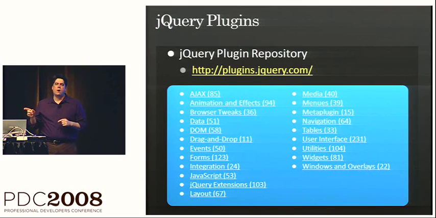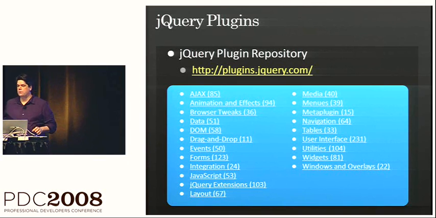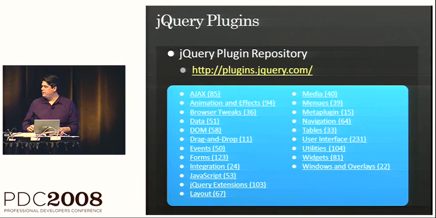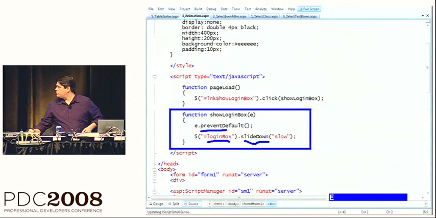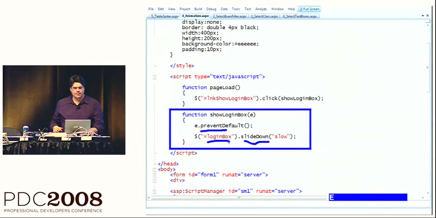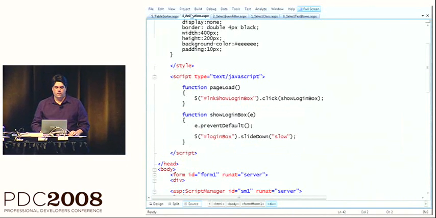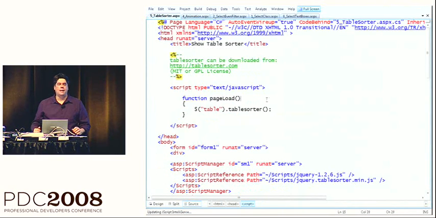I want to show you one sample of a plugin, because one of the nice things about using jQuery is it's very easy to pull one of these plugins into your project and then start using it in jQuery. So I want to give you a demonstration of that. I'm going to show you something called the table sorter plugin. What the table sorter plugin does is it automatically adds support for sorting on any HTML table.